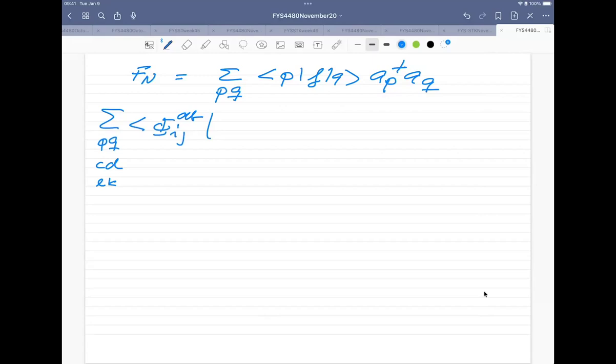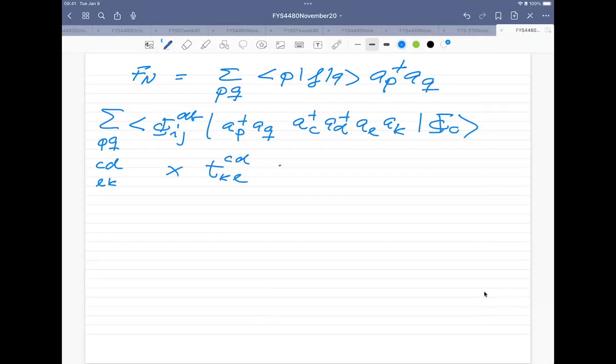So we have this state, the two particle, two hole state, and then we have the operator, which is AP dagger, AQ, and this is then multiplied with AC dagger, AD dagger, AL, AK, and this is then acting on phi 0, and it's multiplied with this unknown amplitude, KL, CD, and then we have the operator itself, which is P of F and Q, which has this integral here.